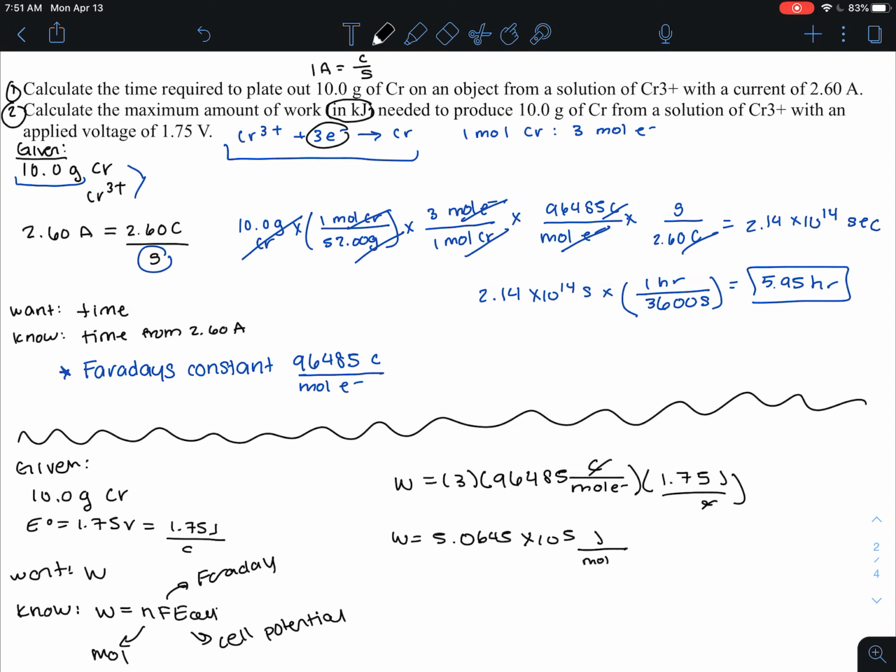So then what I want you to think of is, okay, I want just kilojoules, right? Well, I know to get kilojoules, I can divide that by 1,000, but I have to get rid of the moles. So that's where that 10 grams comes in. If you take 10.0 grams of chromium and divide by the molar mass, you get 0.1923 moles.